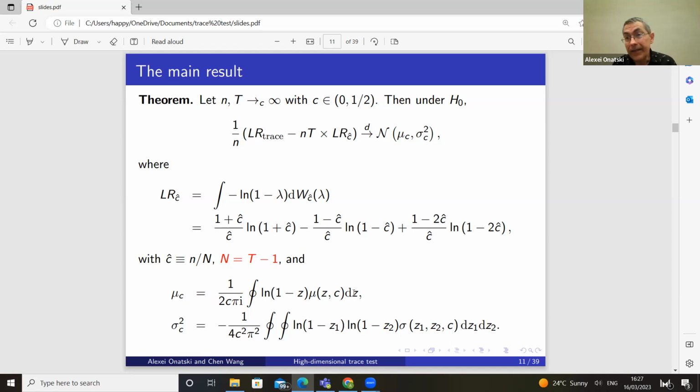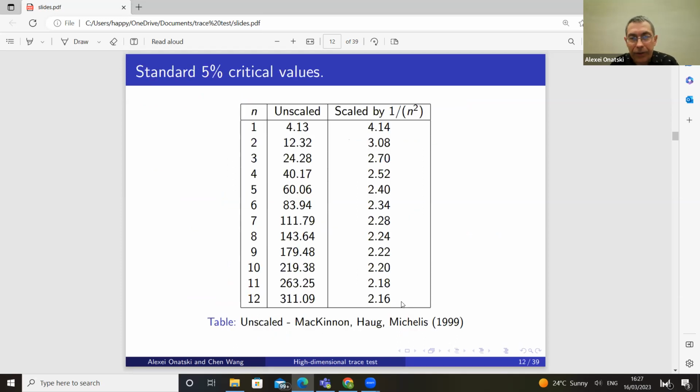Okay, and that's my main result. Now, just a few comments. The first comment is about this enigmatic table of critical values of Johansen's test. If you look at different textbooks, depending on the dimensionality of your data, you will find critical values which look extremely outlandish. They first start well, but then they go to some very strange numbers.